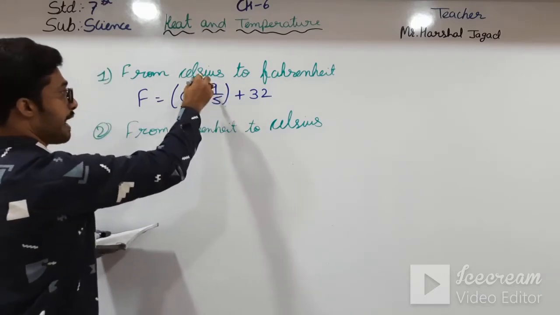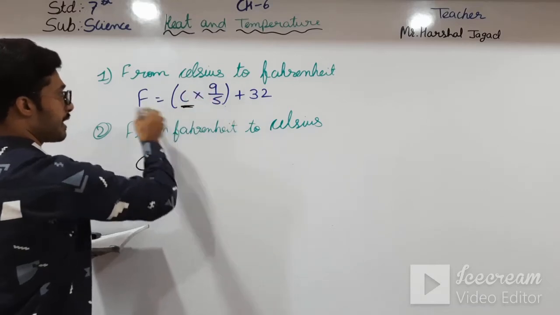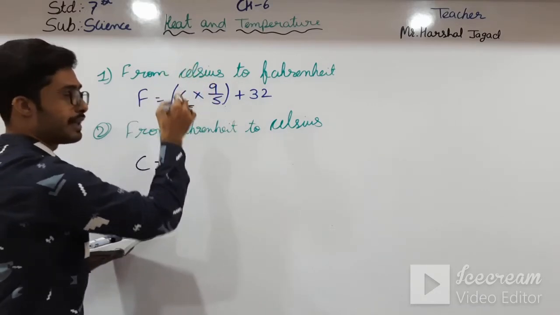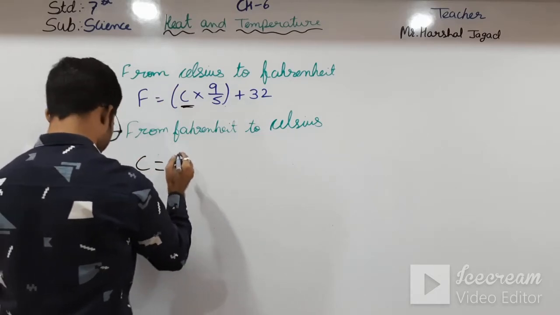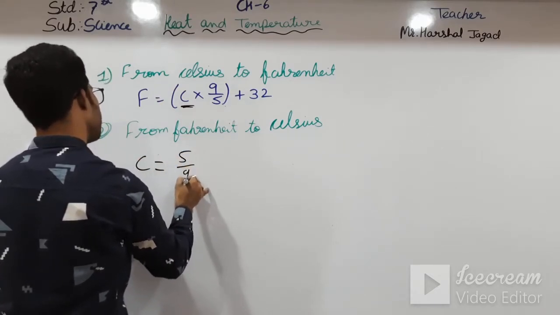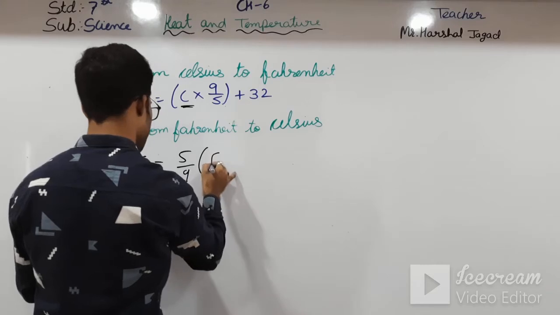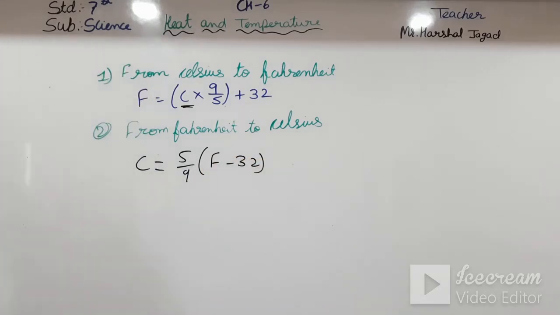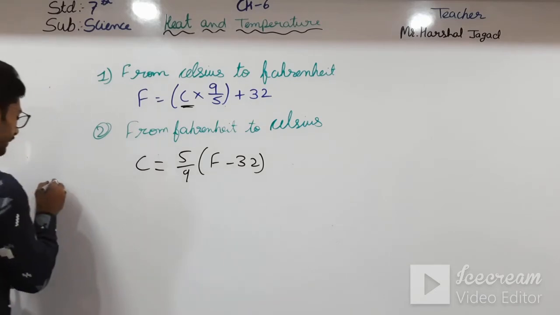Why 5 by 9, not 9 by 5? Because when it goes to the other side, the denominator becomes the numerator and the numerator becomes the denominator. So C is equal to 5 by 9 into F minus 32.